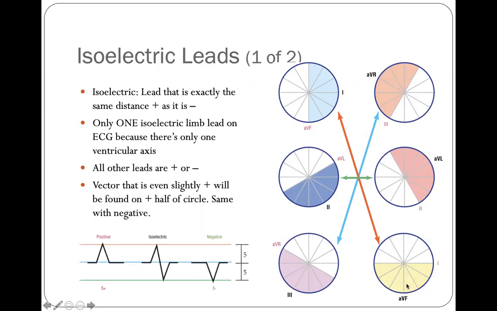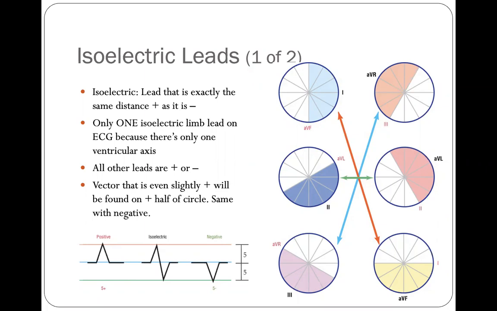And this is how it is situated on a 12 lead. Leads 1 and AVF, depicted by these red line connections right here, are biphasic to each other. Leads 2 and AVL across from each other are biphasic. And leads 3 and AVR, depicted by this blue diagonal line, are biphasic to each other.